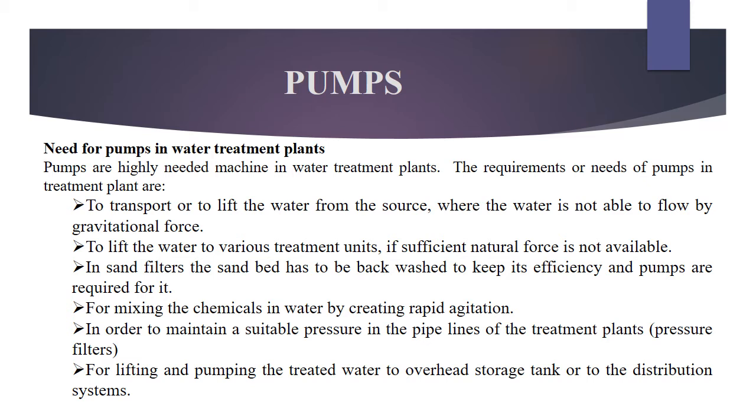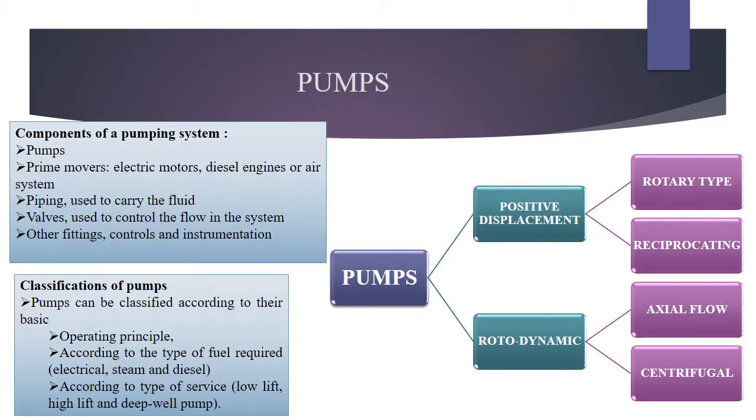For mixing chemicals, they can give rapid agitation. In order to maintain suitable pressure in pipelines, it acts as a pressure filter. They are also used for lifting and pumping the treated water to the overhead storage tank or to the distribution pumping system.